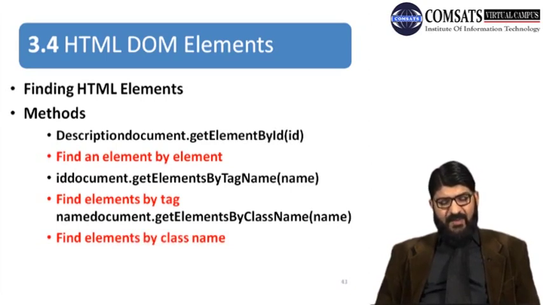The third one is finding the elements by using a class name. The method is getElementsByClassName, and the parameter that it will take is the name of a class. So these are the three different ways to find an HTML element, and after finding it you can use the DOM model to apply the necessary action that you want to perform.